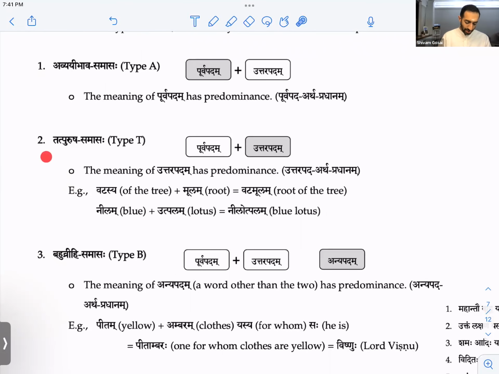What is important is tatpurusha samasa. We see these a lot. Or type T. Type T is where the uttarapada is the predominant word. So uttarapada artha, the meaning of the last word, is pradhana. So here we have some word, vatasya moolam, vatamulam.